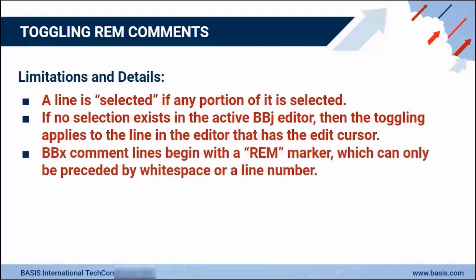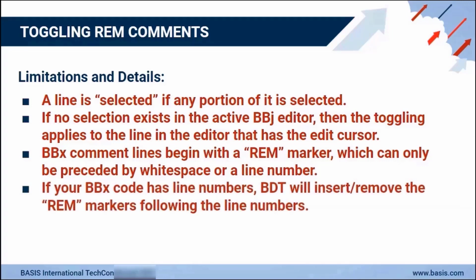BBX comment lines begin with a rem marker, which can only be preceded by white space or a line number. So when you go to uncomment, if you have lines that start with something other than that, such as a label followed by a rem marker or anything like that, the toggling does not work. It is limited to the lines that start with rem when they're selected.